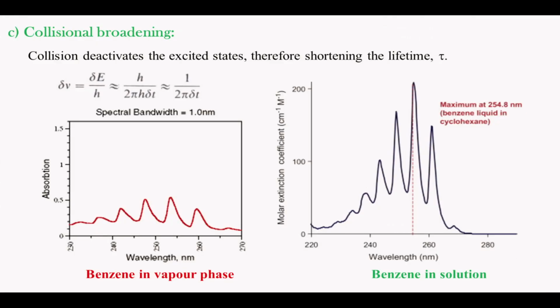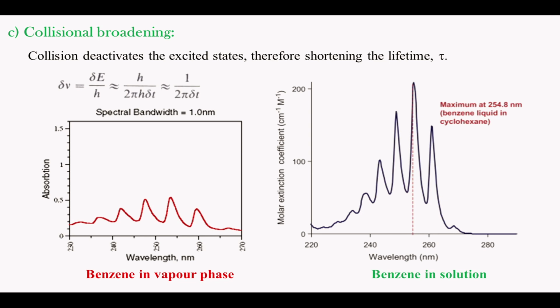If you use a molecule in a solvent, then this excited molecule collides with the solvent molecule and quickly comes back to the ground state. So its lifetime is less. In solution the lifetime is less, and if the lifetime is less, then the width goes up. So in solution you see a broader band than in the gas phase.